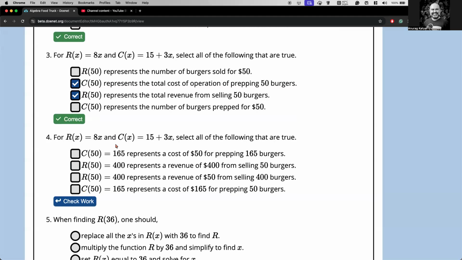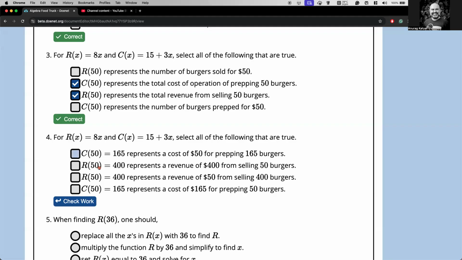Think. Thoughts? I don't know which one you're talking about. 1, 2, 3, or 4.